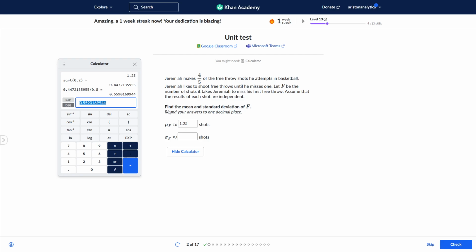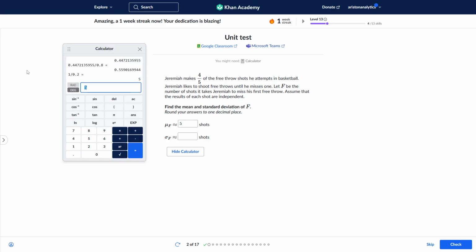Wait a minute, until he misses. Oh, wait, hold on. Actually, the other way. So 5. Square root of 0.8 divided by 0.2.